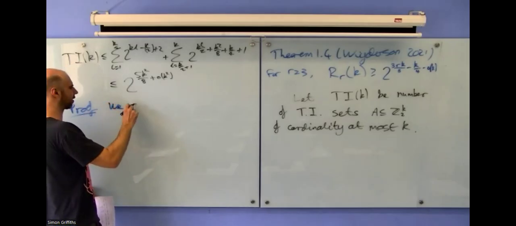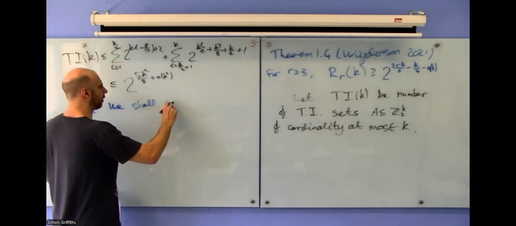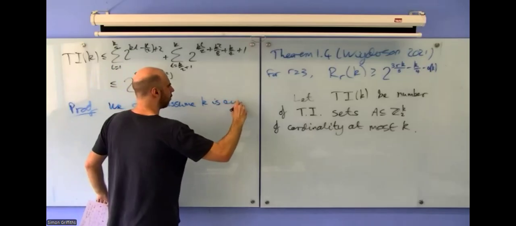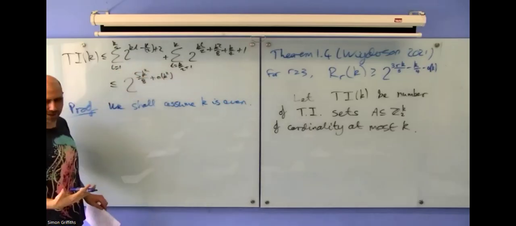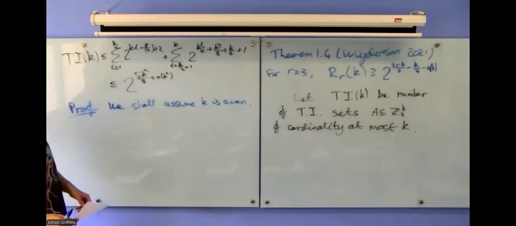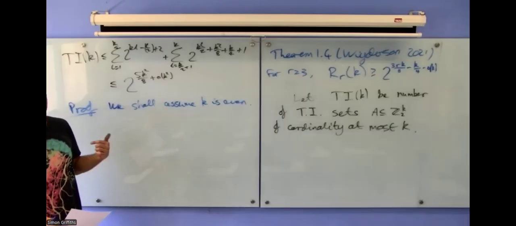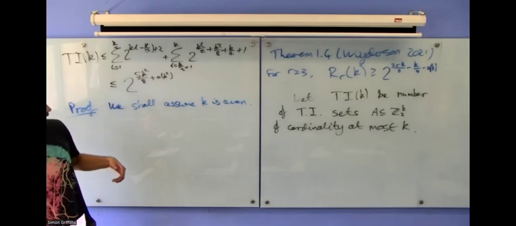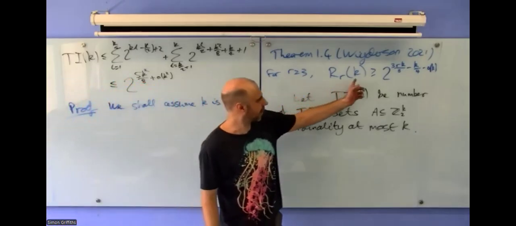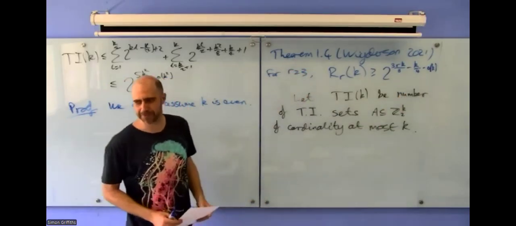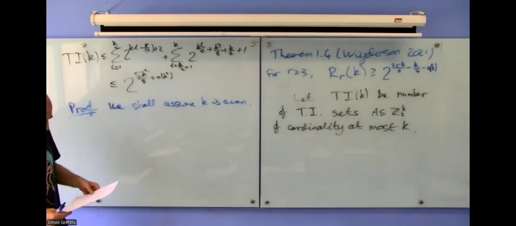We should assume K is even. In a way, though, that doesn't hurt us, because if K is odd, then K minus 1 is even, and the bound is basically identical, and the difference between the bounds would just be in the lower order terms.